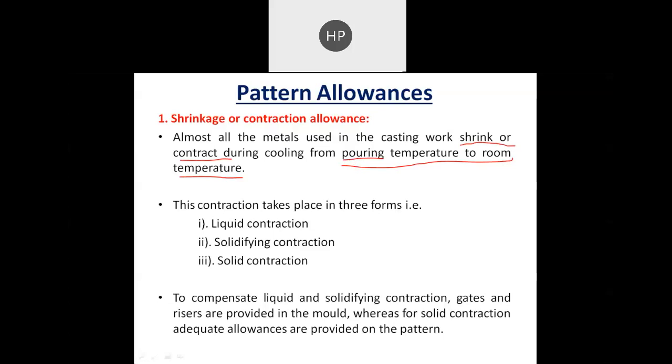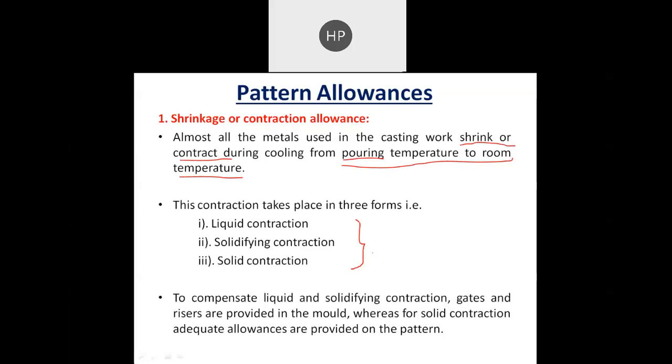And then during solidification and after solidification it will come to room temperature. So when it comes from that pouring temperature to room temperature, the metal goes through three different stages.